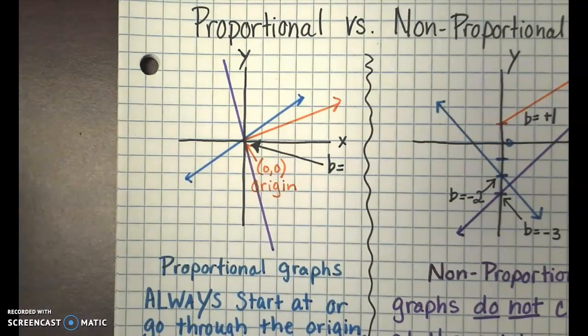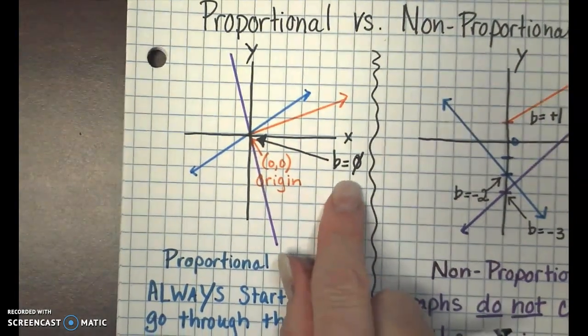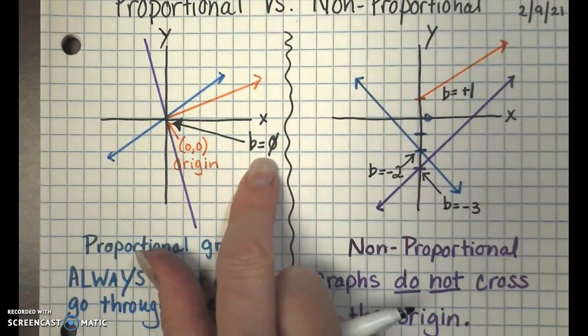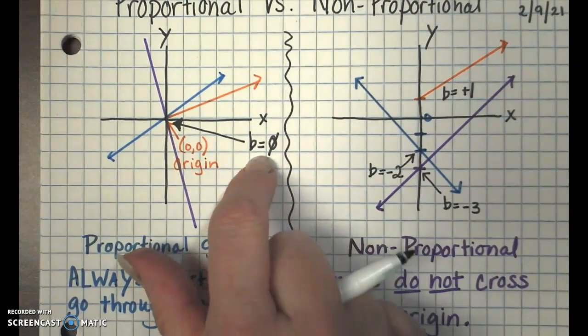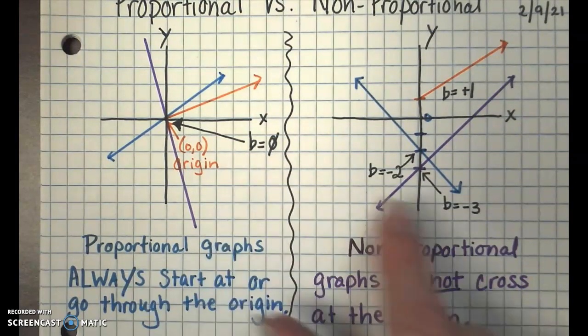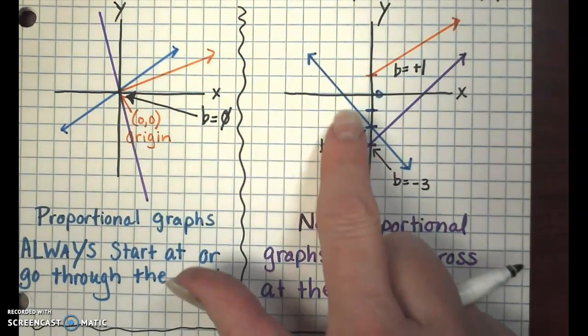Sorry, I got excited there. The b value is 0, okay? So for proportional relationships, the b value is 0. For non-proportional relationships, it could be anything else, right?